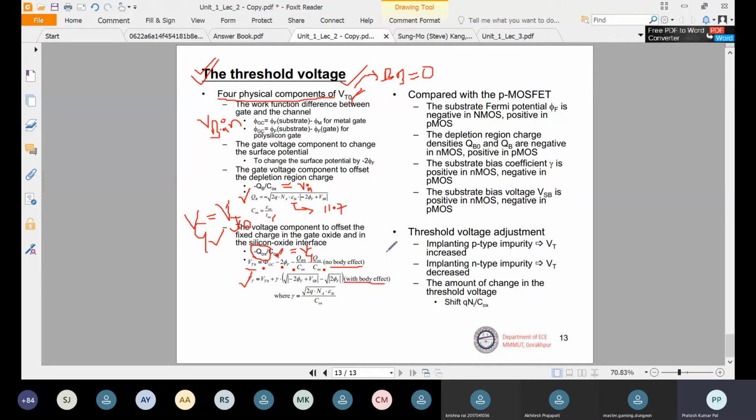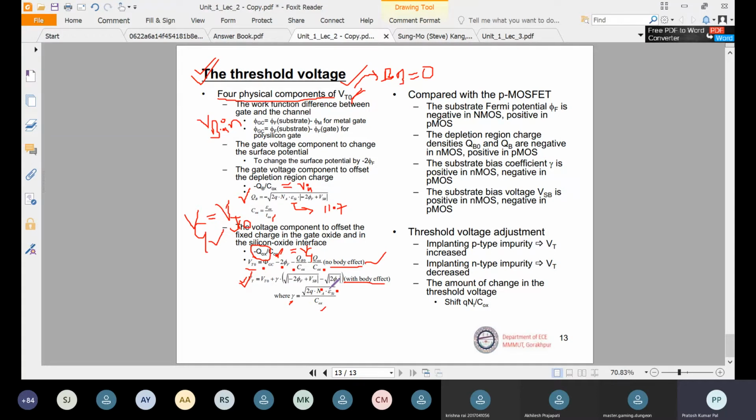If we have not included the body effect, this will be the formula, and after including the body effect, this will be the final expression for threshold voltage. Okay, there gamma will be the body effect coefficient, or you can say body effect constant, we call it, and that will be depending on the oxide capacitance and doping of the substrate.